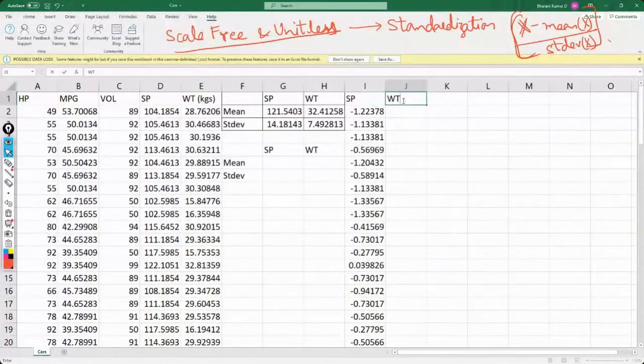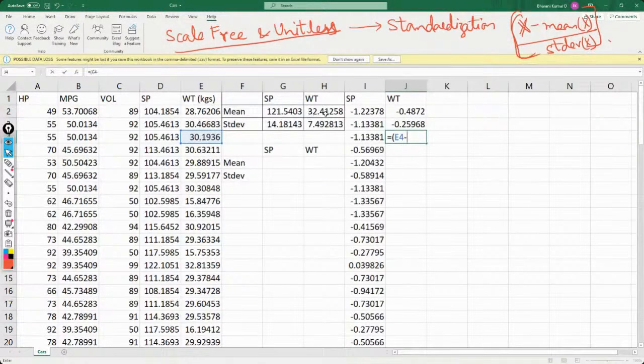But let me also do this for weight. Formula is x minus mean of weight divided by standard deviation. Remember, mean and standard deviation do not change. Only the x value changes.